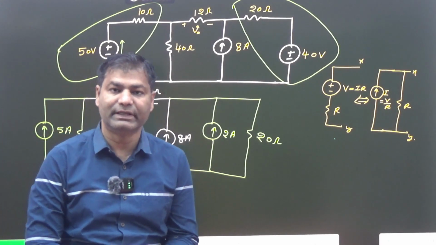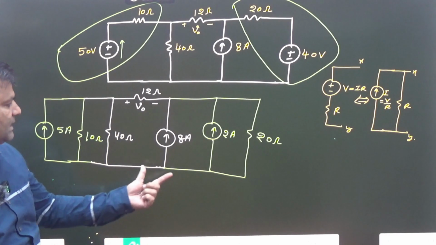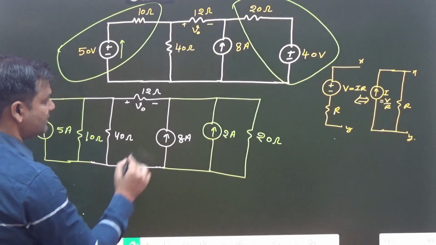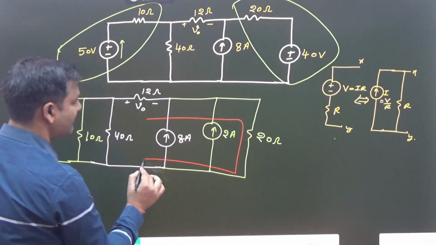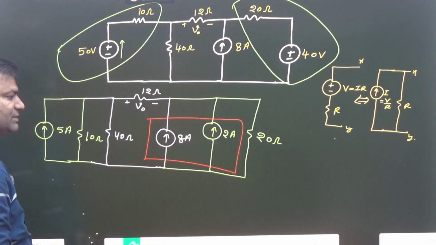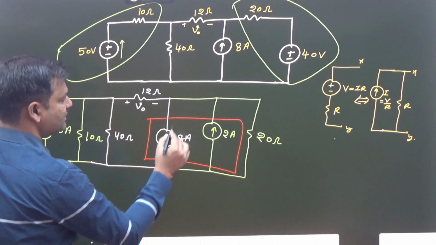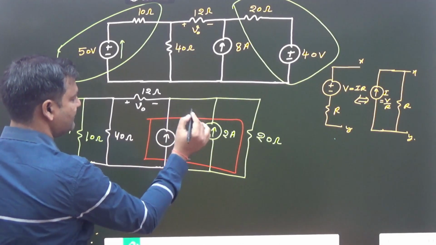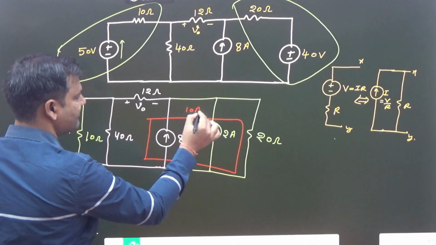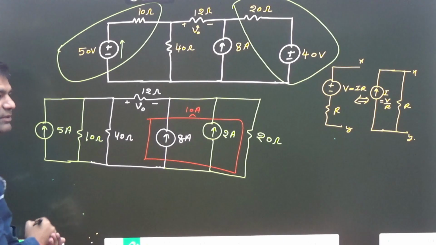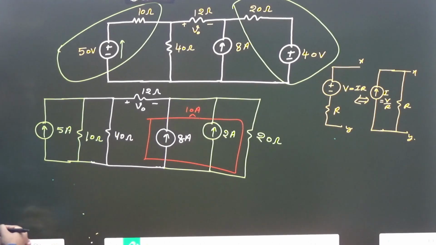Clear or not? After that, if you see very carefully, these two are in parallel and also in the same direction. Okay, so both are adding, then how much? If this one is replaced, then we get how much? 10 ampere.